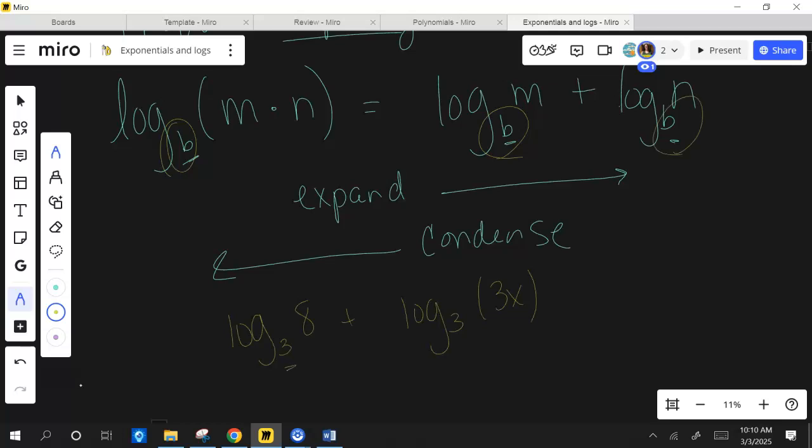And these bases are the same, so because I am adding, I combine them with just one log, and I multiply these two together. So what do you get? 24x. So you multiply them through. When you condense, you should have log written just one time.